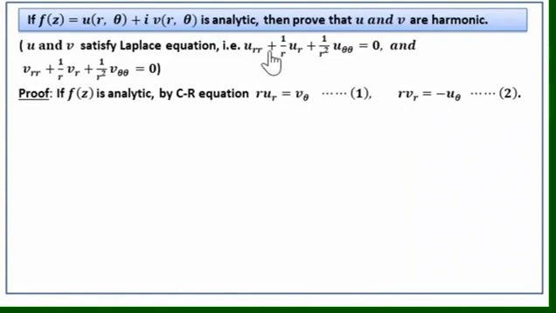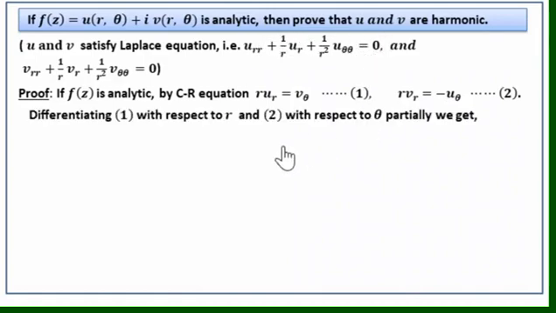Next, to get urr, we differentiate the first equation partially with respect to r, and to get u theta theta, we differentiate the second equation with respect to theta partially. First, differentiate equation 1 with respect to r, keeping theta constant. The left side is a product of two functions, r and ur, so use the product rule.